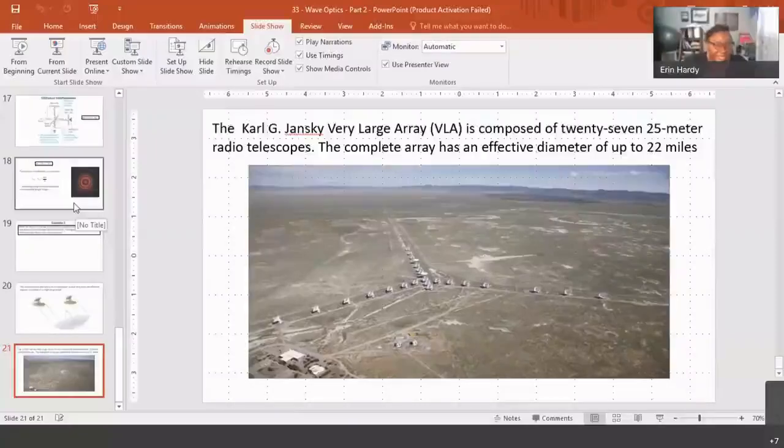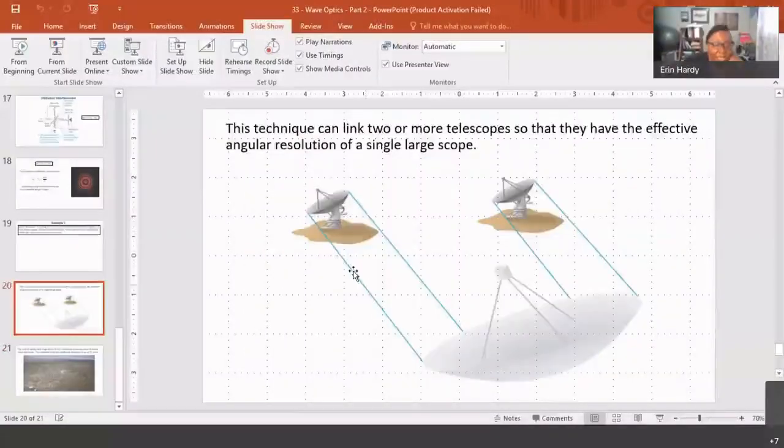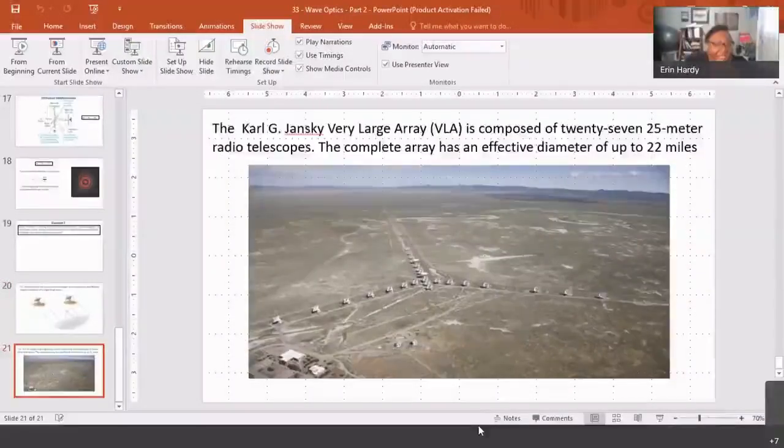You can add all their light together and you end up with an image that has the level of detail, or the angular resolution, that is equivalent to what you would get if you had a single enormous telescope. So one that's too big to actually practically build anywhere on Earth's surface. And we used the VLA in New Mexico as an example of how you can actually put this to work.